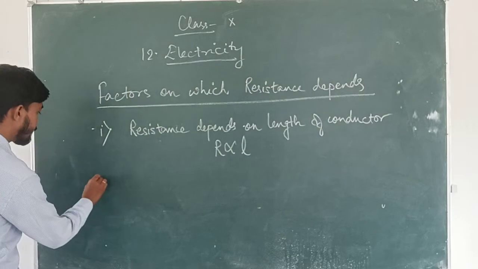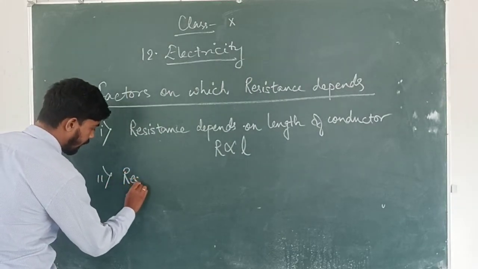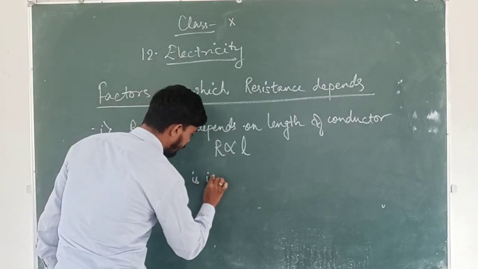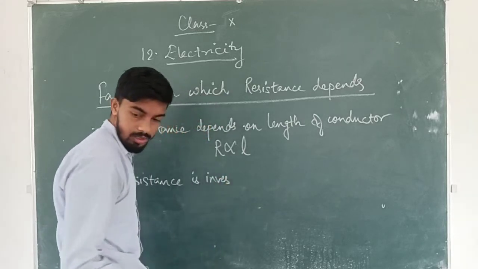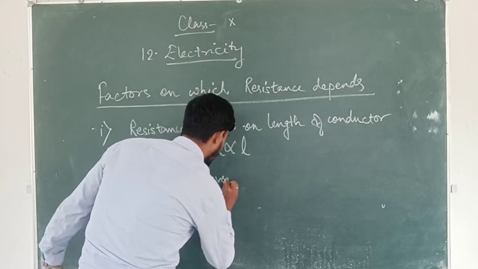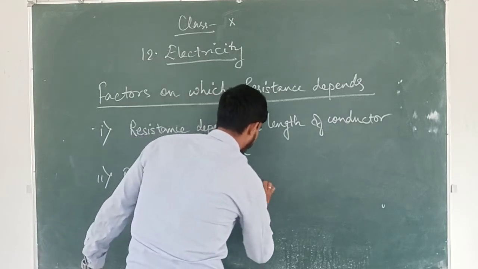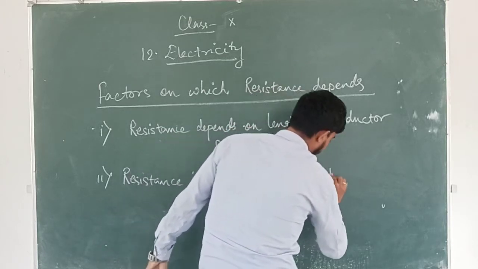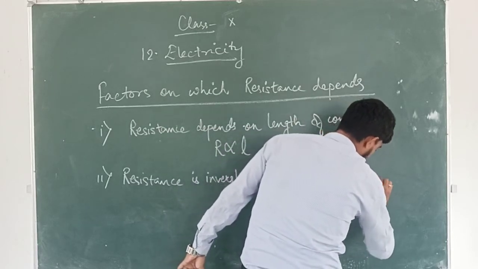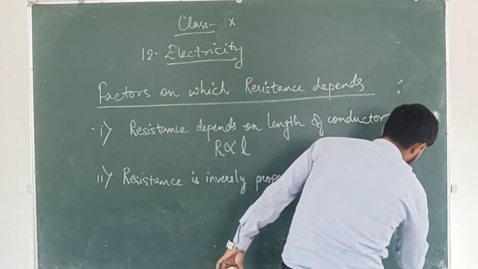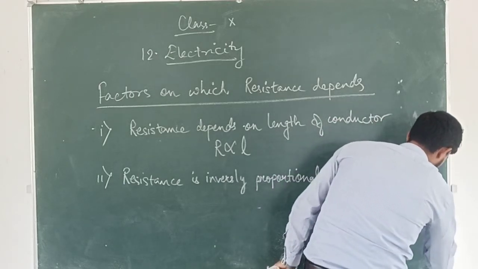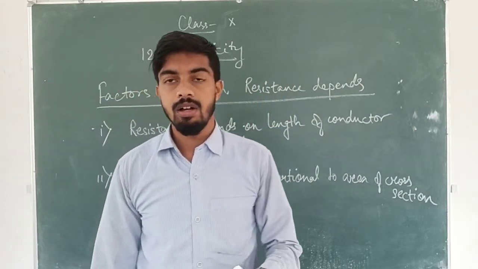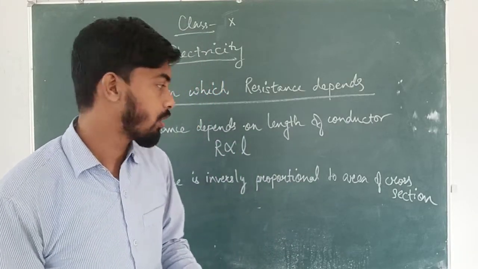Number two: resistance is inversely proportional to the area of the conductor, or we can say the area of cross section of the conductor.